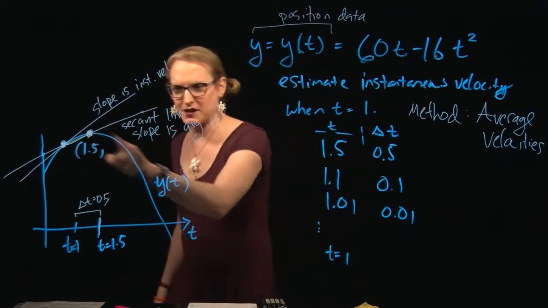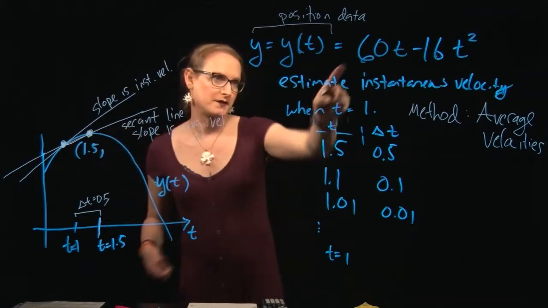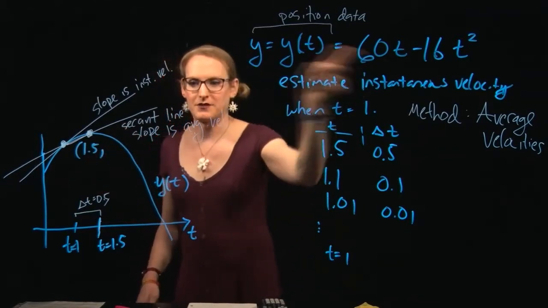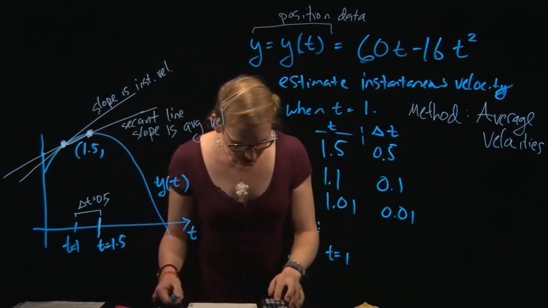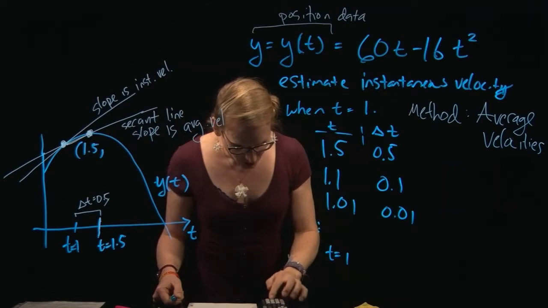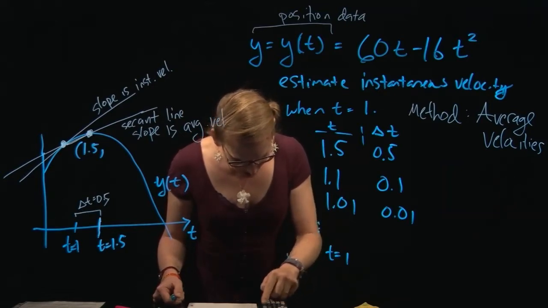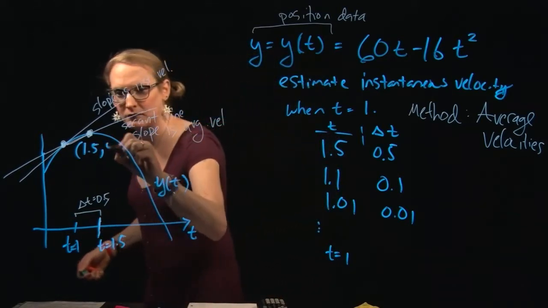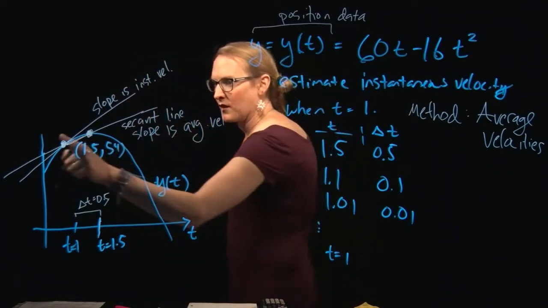the function is the thing that governs the second coordinate of all of these points. So we're going to take this time and plug it into this function to get the second coordinate. I'll go ahead and do that on my handy dandy calculator. I'm going to go 60 times 1.5 minus 16 times 1.5 squared, which is 54.